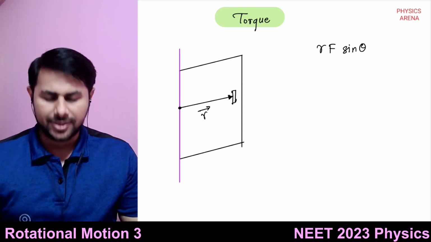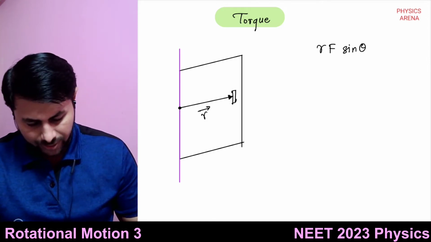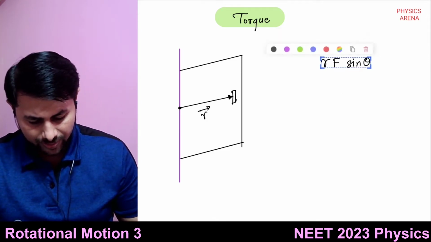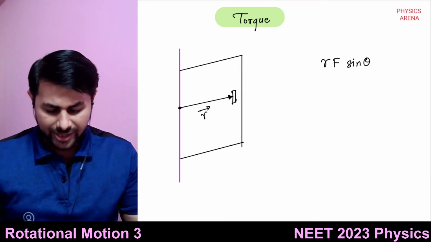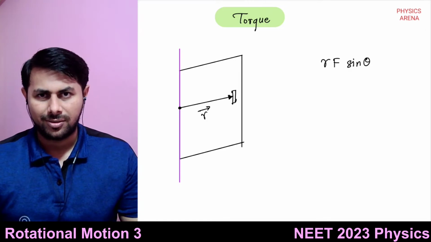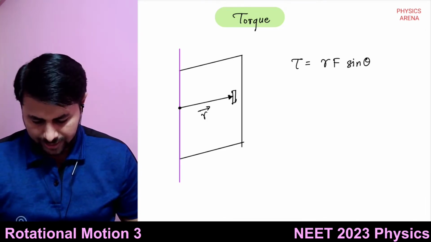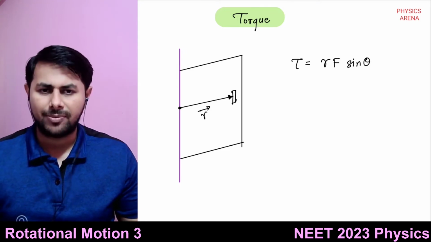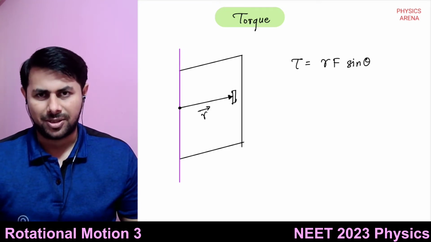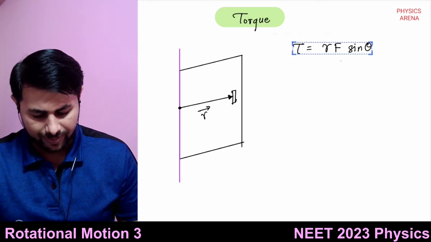The measure of rotational effect is torque. Torque is the quantity which governs the rotational motion. The magnitude of torque is given as r multiplied by f multiplied by sine of theta, where theta is the angle between r and f.